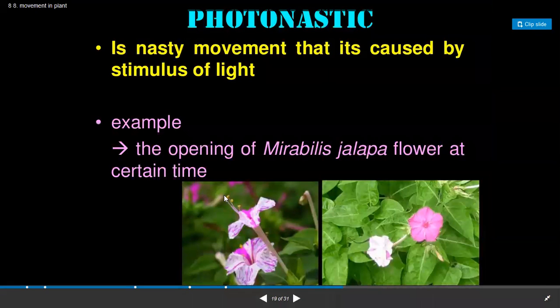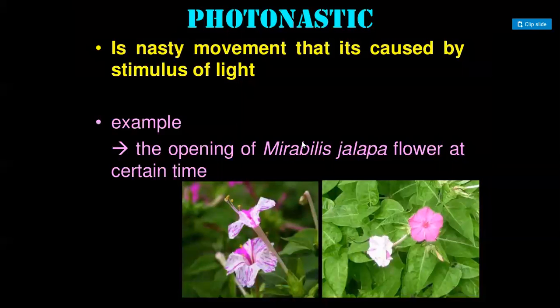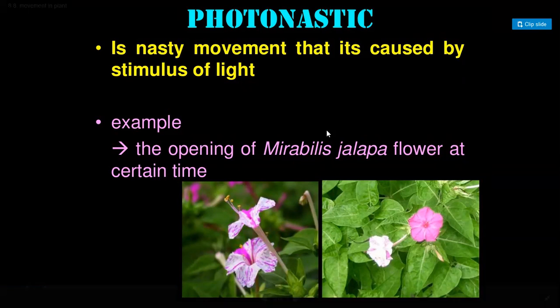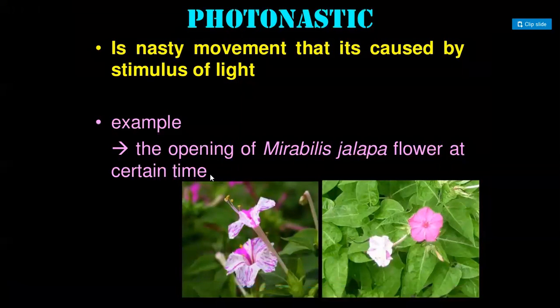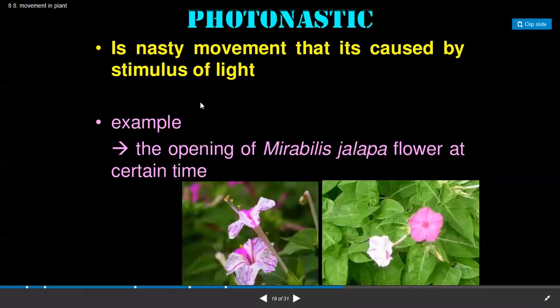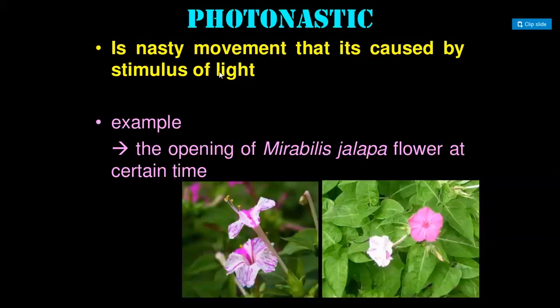Photonasty: we can see it in the Mirabilis jalapa flower, the four o'clock plant. The flower blooms at four o'clock. Why does it get the name? Because the flower opens or blooms at four o'clock. That nastic movement is caused by the stimulus of light, so it is called photonasty.